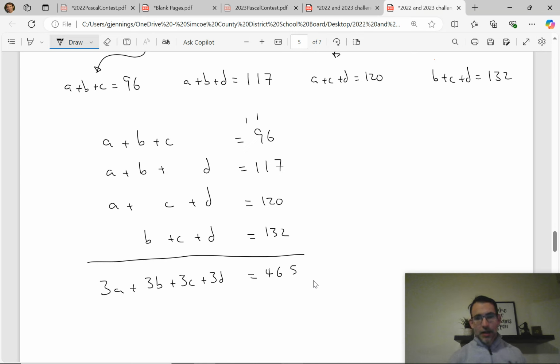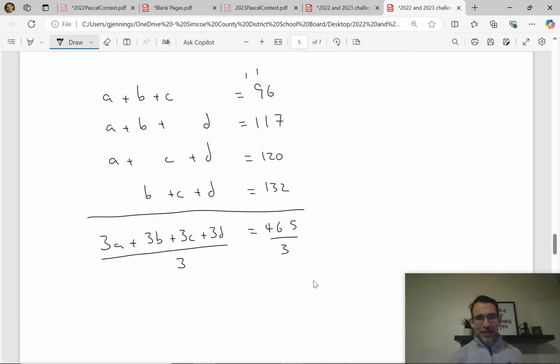Okay? And now, 465 is divisible by 3, so let's divide both sides by 3. And watch this. A plus B plus C plus D equals 155. That is all 4 of the numbers added together.